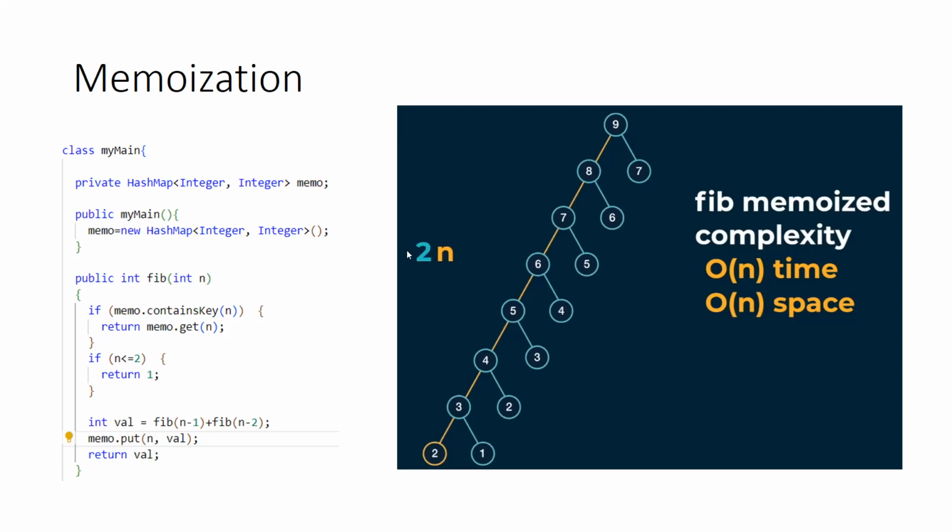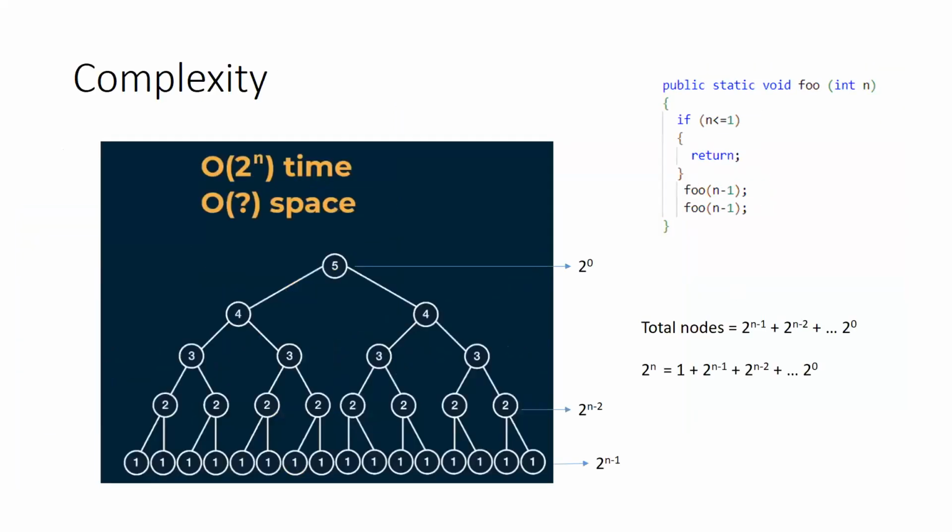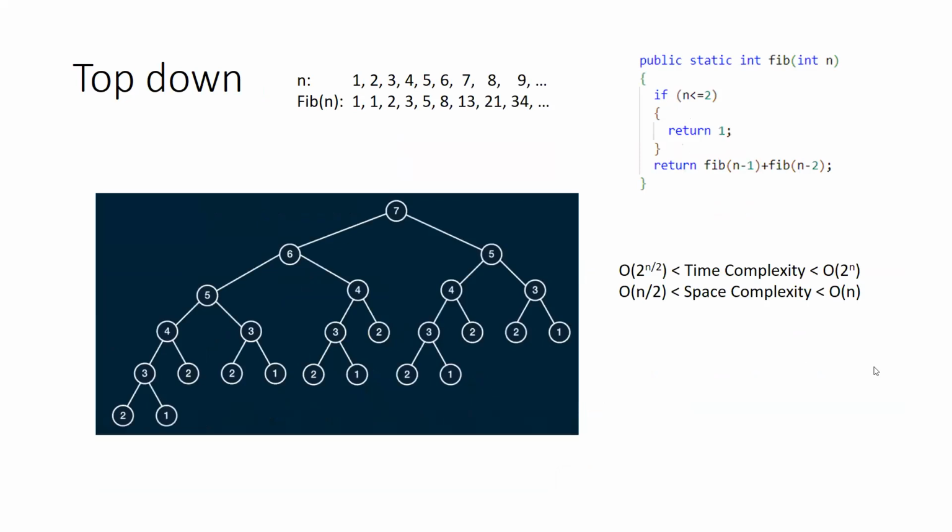But obviously we don't need to mention this constant 2. So in this way, we'll have a linear time and space complexity of order of n, which, comparatively speaking, in the previous case where the time complexity was exponential and the space complexity was linear, is an improvement.